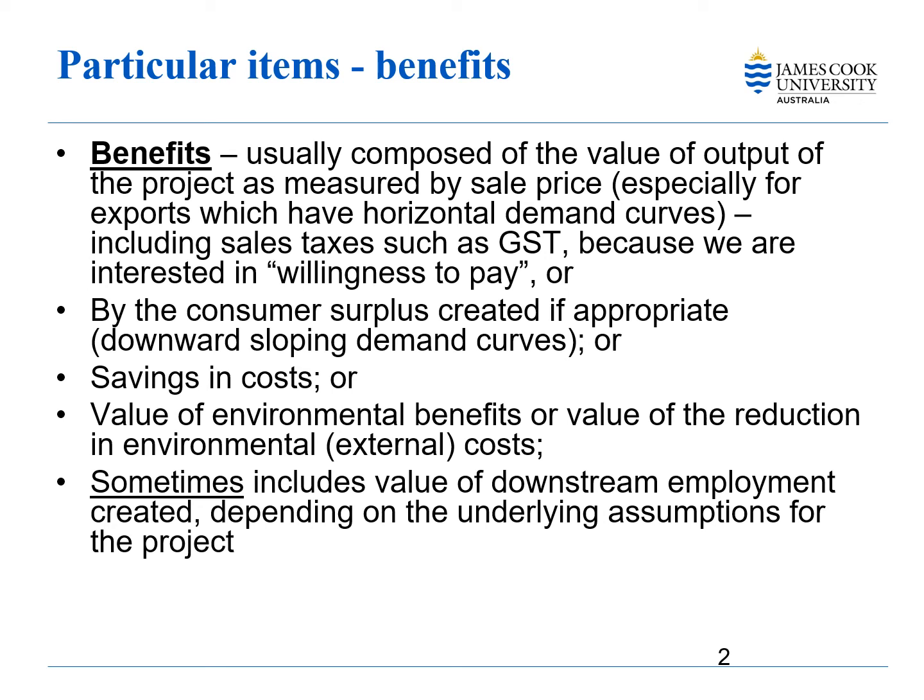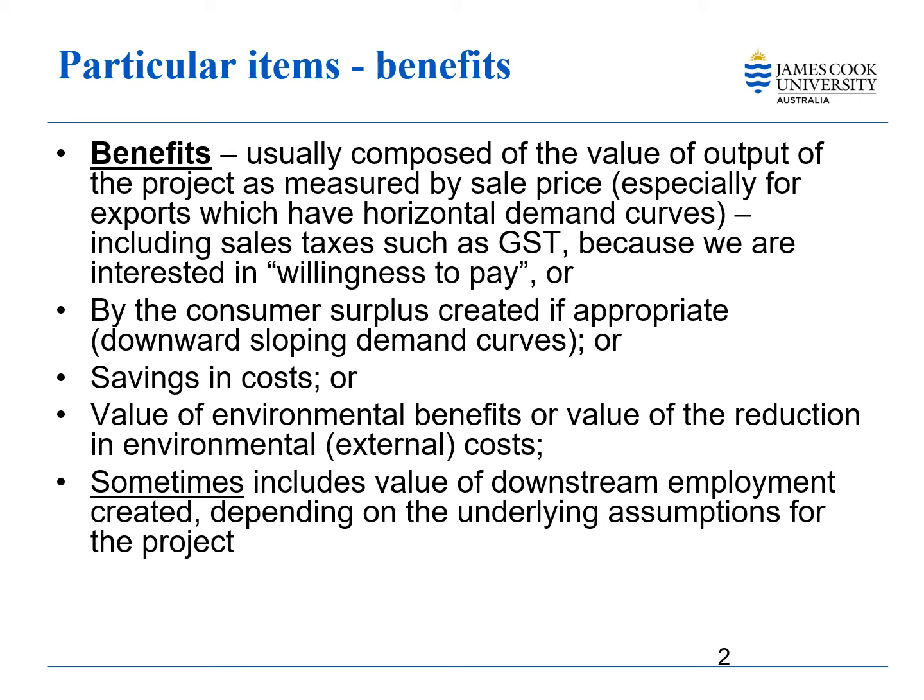All benefits could include savings in costs, and the value of the reduction in environmental costs, external costs. For example, the project could be building a park in Douglas, and the value of that may help improve the biodiversity.